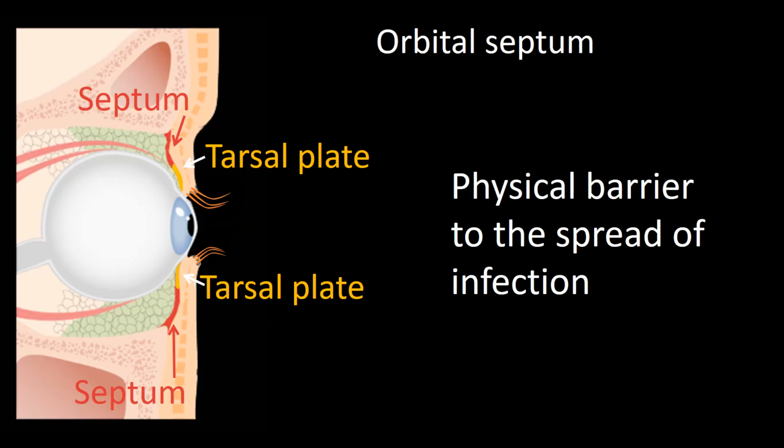The orbital septum is a fibrous membrane that extends from the periosteum of the orbit to the inferior and superior tarsi. It lies just deep to the orbicularis oculi muscle. The orbital septum acts as a physical barrier to the spread of infection.